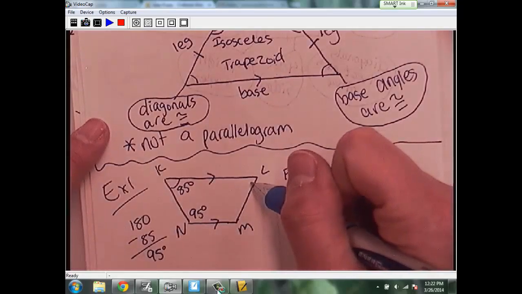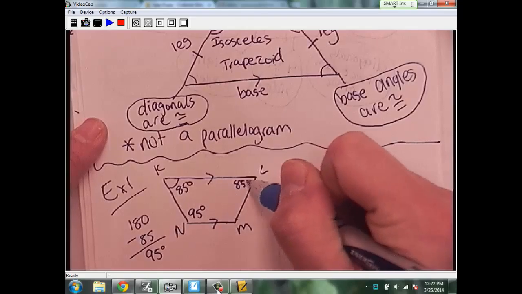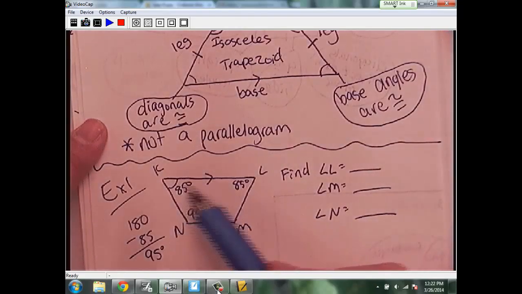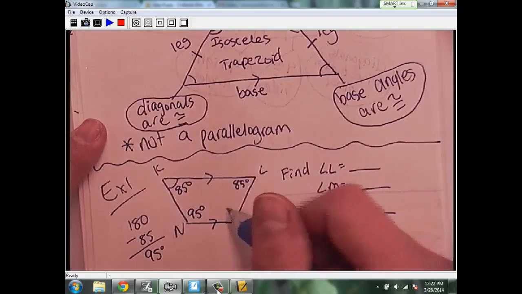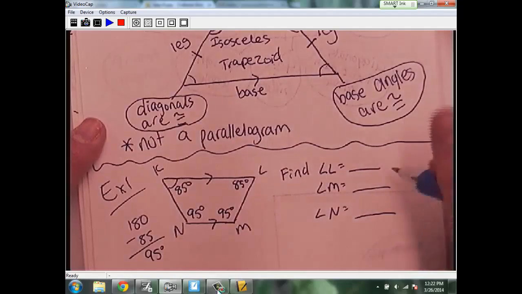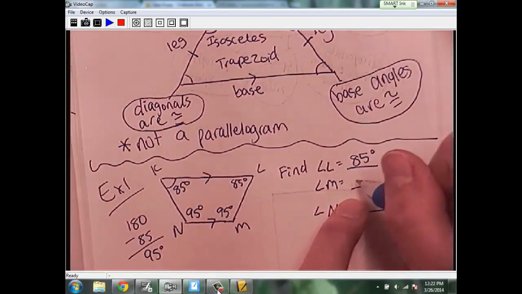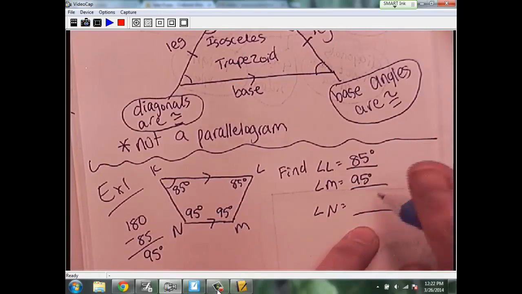How big would angle L be? 85. It's the acute one. Your base angles are congruent. And here, this one would have to be 95 degrees. Your base angles are congruent. So fill it in. Angle L is 85 degrees. Angle M is 95 degrees. And angle N is also 95 degrees.